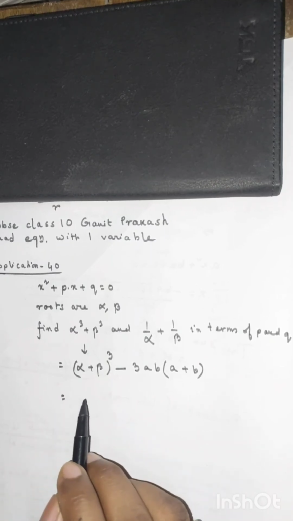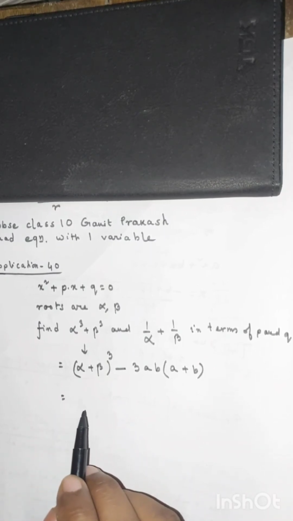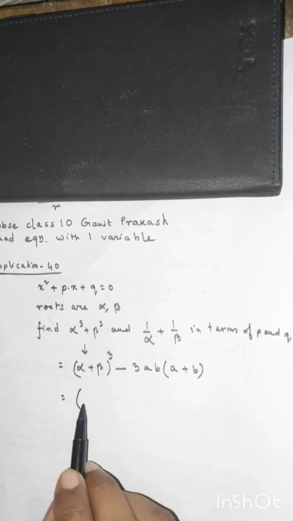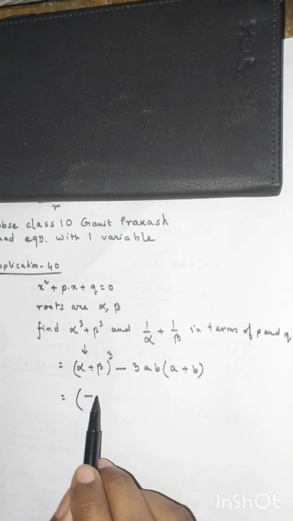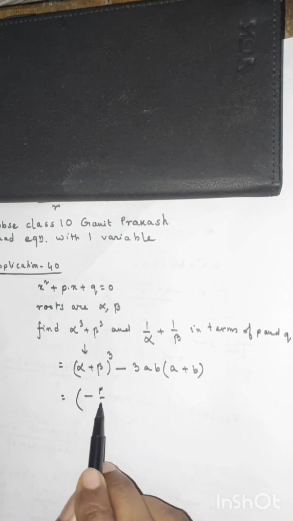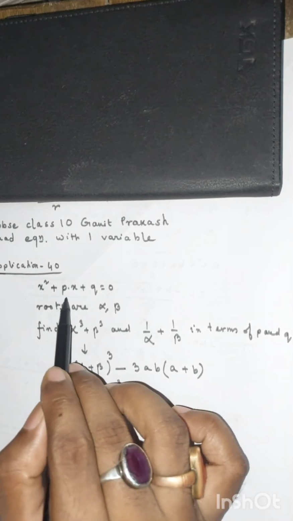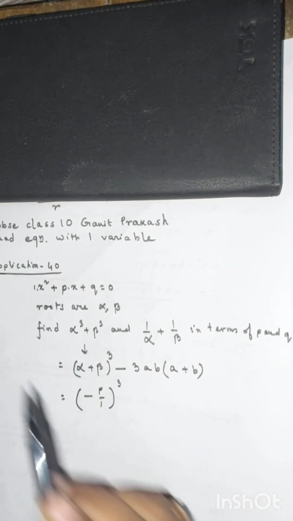Now alpha plus beta, we know, equals minus b by a, that is minus p by 1, because b is p and a is 1, right?